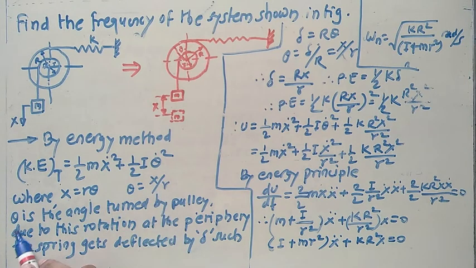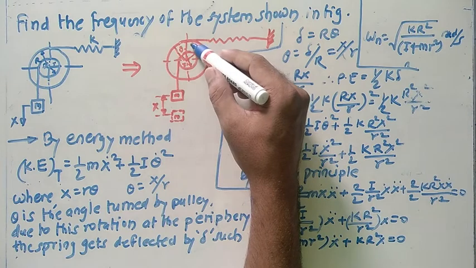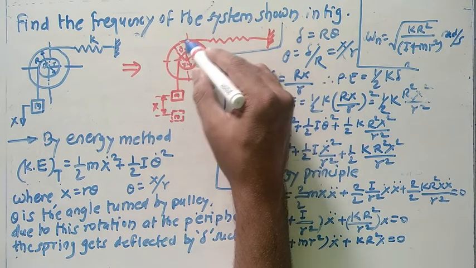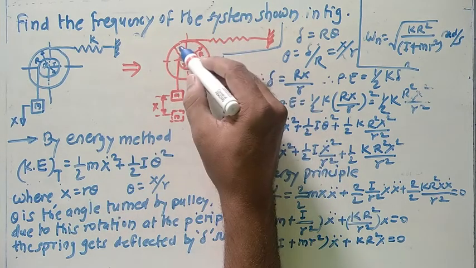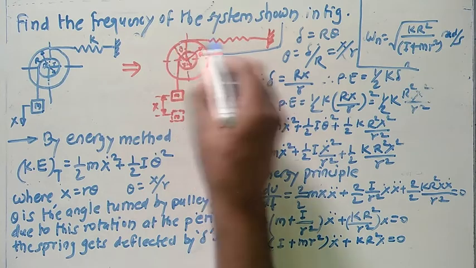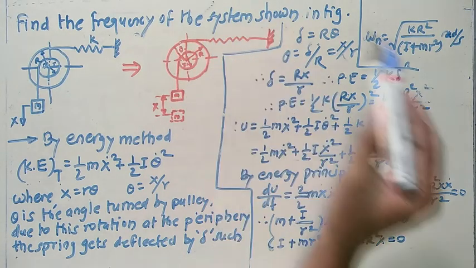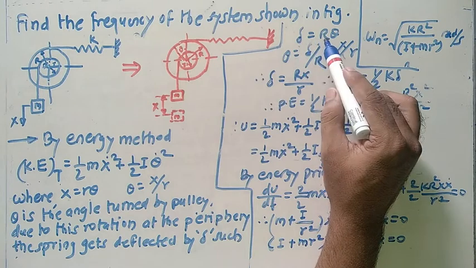This theta is the angle turned by the pulley due to this rotation. At the periphery of the spring, the spring gets deflected by delta. So whatever displacement of this spring takes place, delta is nothing but capital R into theta.